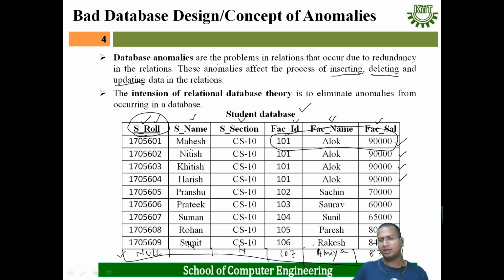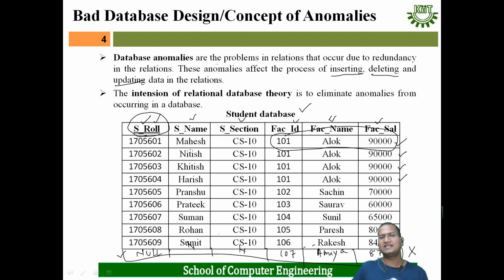That's why, if we want to insert this information, it violates the relational model constraint, and we cannot insert this record in this database. This is your insertion anomaly.